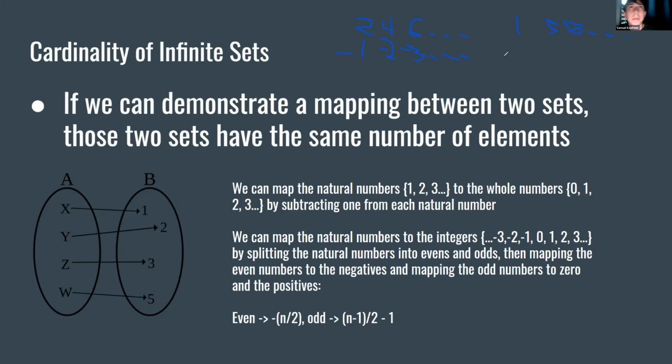And then the odds will go to 0 and the positive integers, so that'll be 0, 1, 2. And in this way, you can see that, again, we've mapped the natural numbers to the integers. So again, the natural numbers and the integers have the same number of elements.